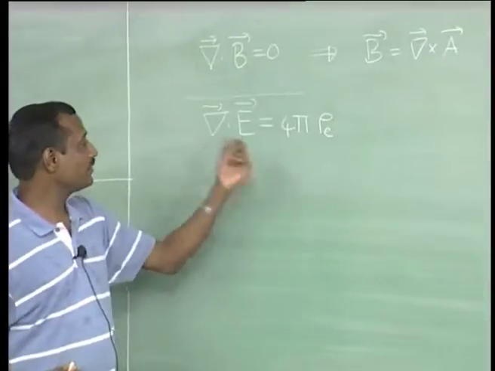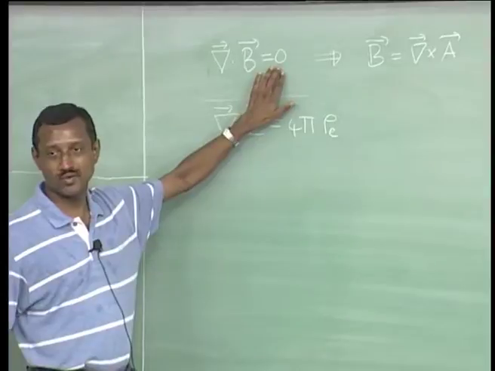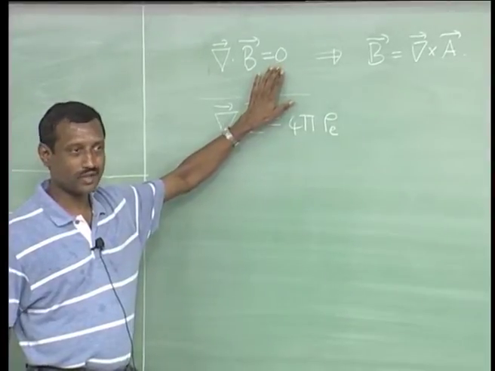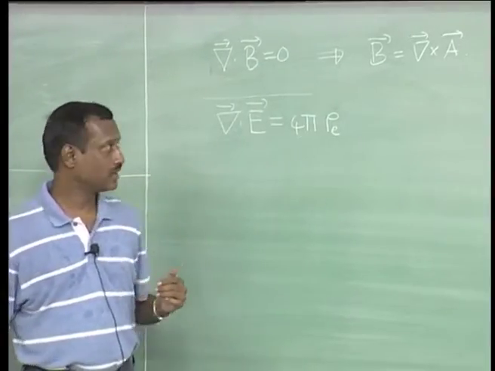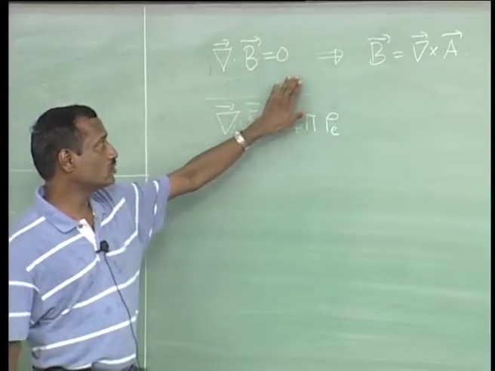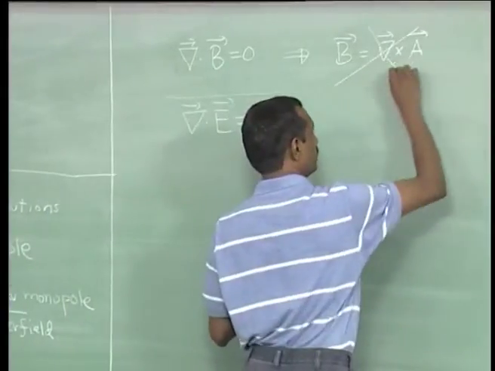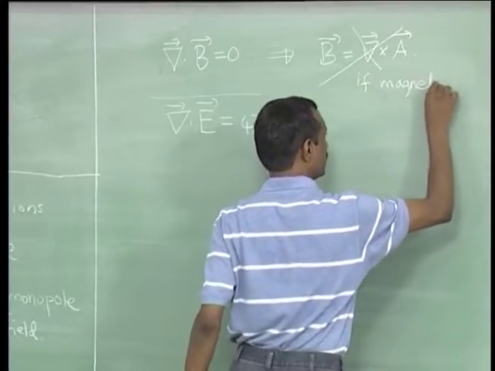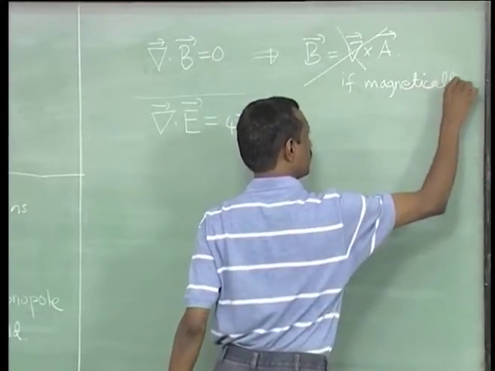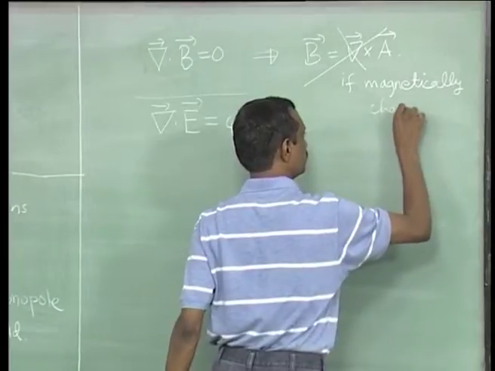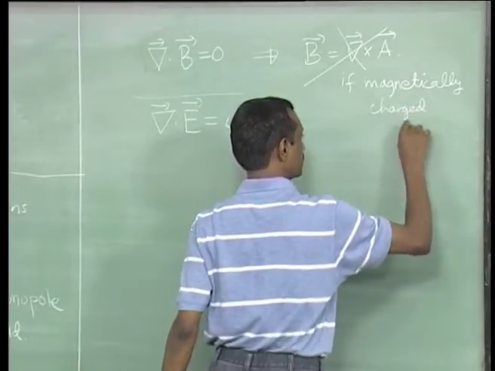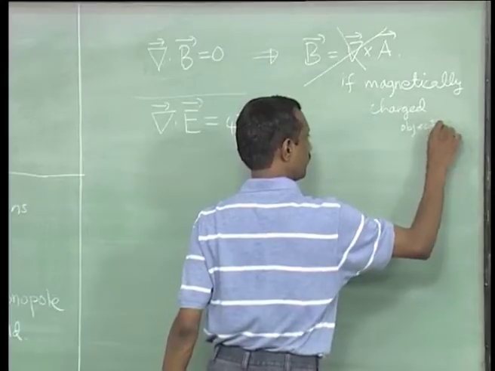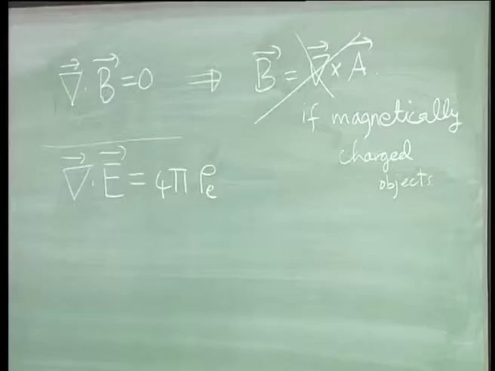It seems very obvious to write something like a 4 pi rho m out here and call that magnetic charge, okay. But if that is true, then this is not possible if magnetically charged objects or sources exist.